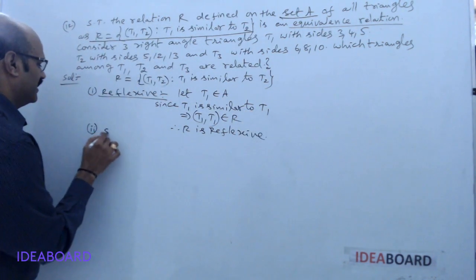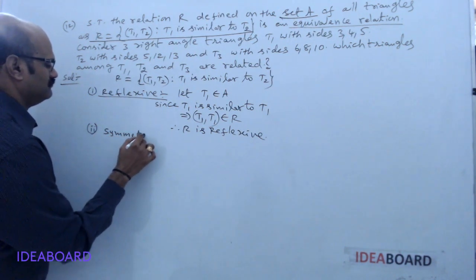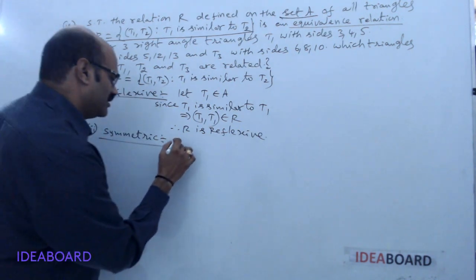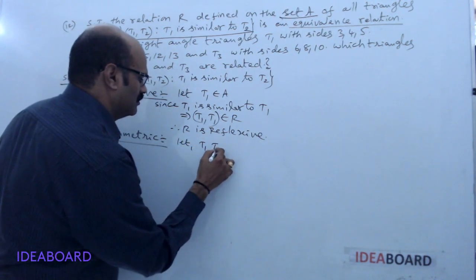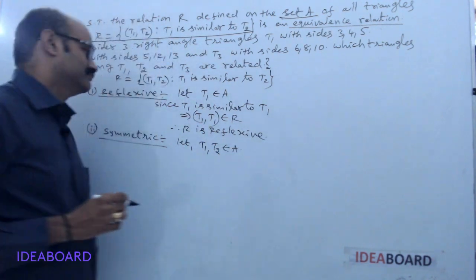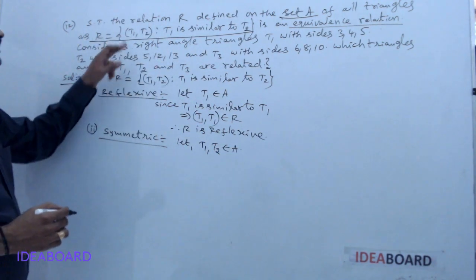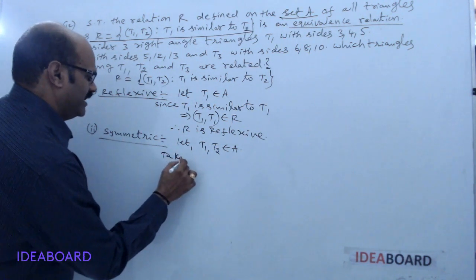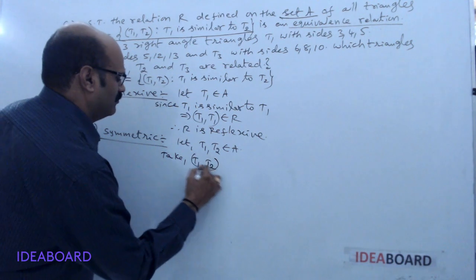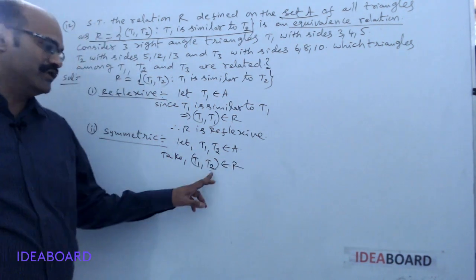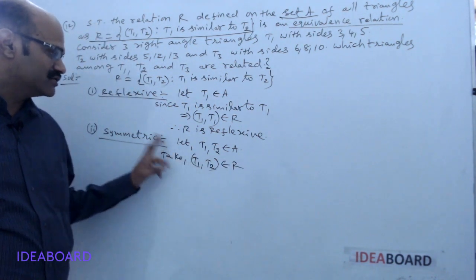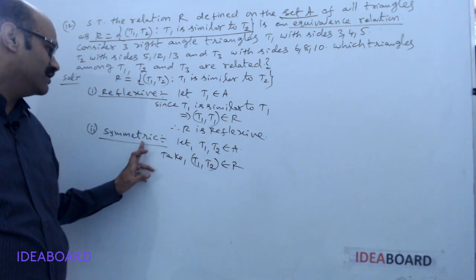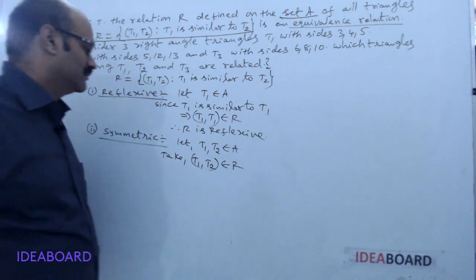Second, symmetric. Let me take two triangles. Let T1, T2 belongs to A. Take (T1, T2) belongs to R. Now we have to prove that (T2, T1) belongs to R. If you prove that, we say that it is symmetric.